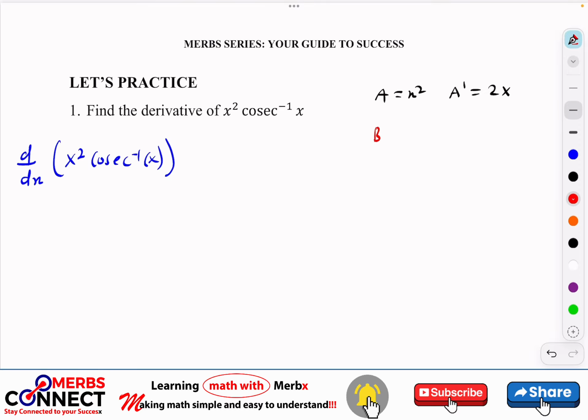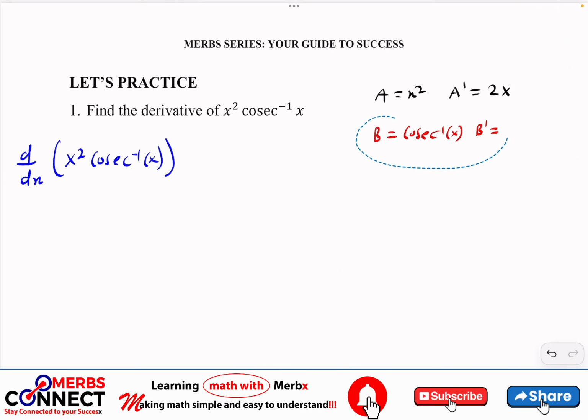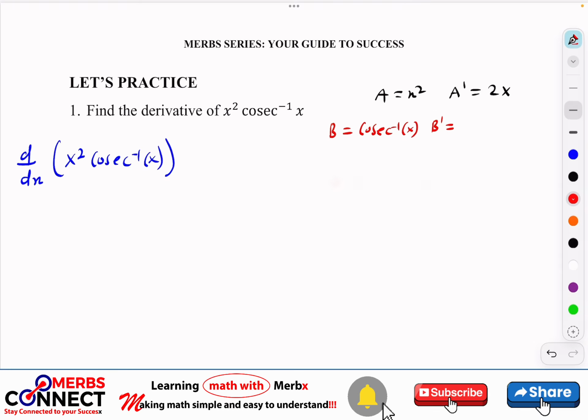And let's choose b to be equal to cosec inverse of x. So b prime, from the formula that we just learned, is going to be minus 1 divided by x square root of x squared minus 1.